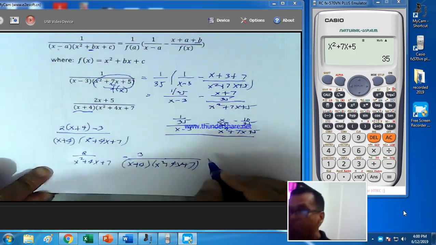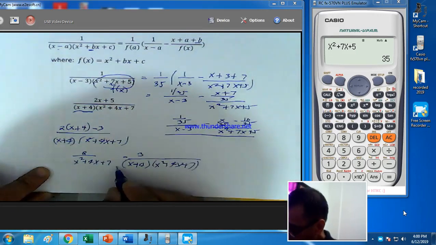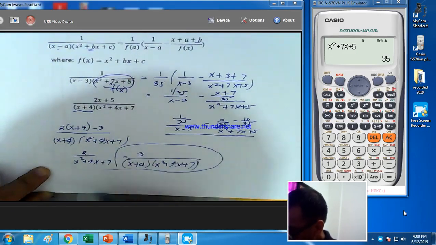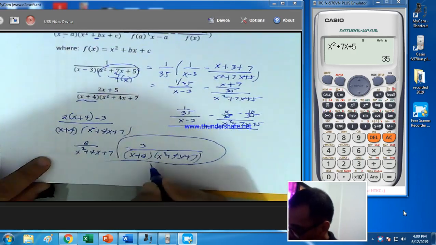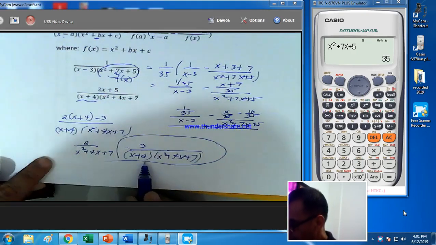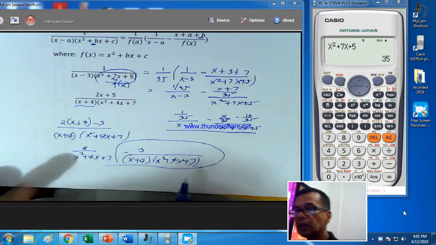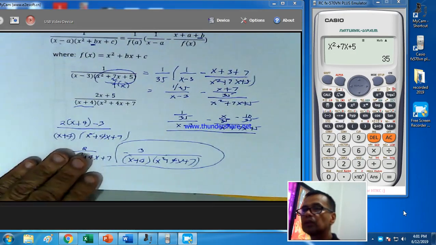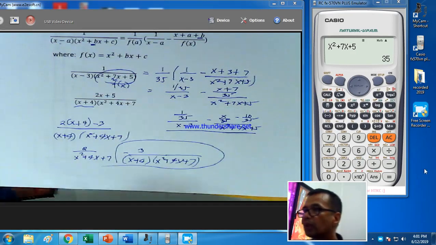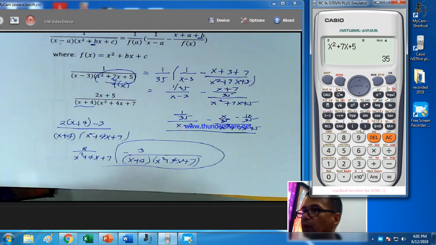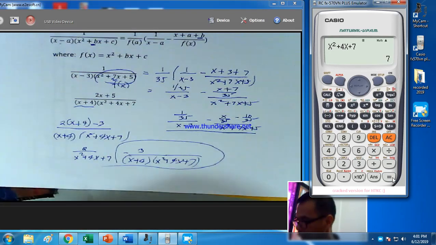We will substitute negative 4 in this function, x squared plus 4x plus 7. Substitute the value opposite that 4, which is negative 4. That gives you 7.